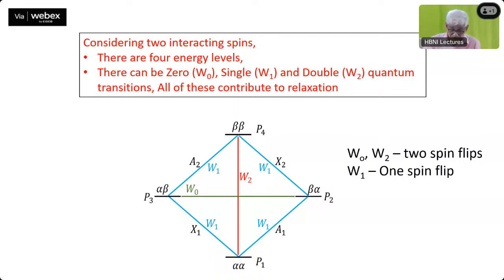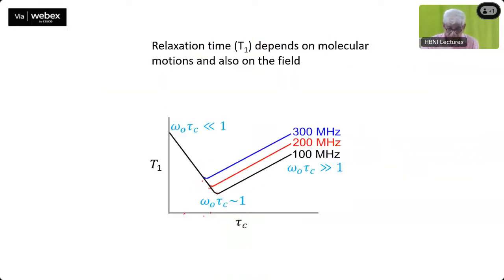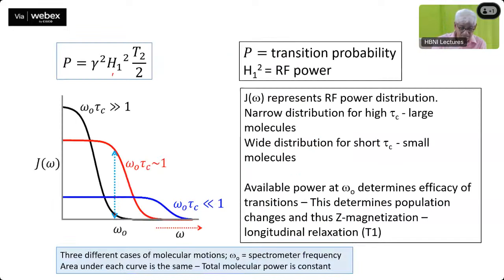Before I say this, you see in this curve, if omega naught is here, 2 omega naught will be here. 2 omega naught is like the double quantum frequency. This is a single quantum spectrometer frequency; 2 omega naught is twice that, so it is kind of a double quantum.